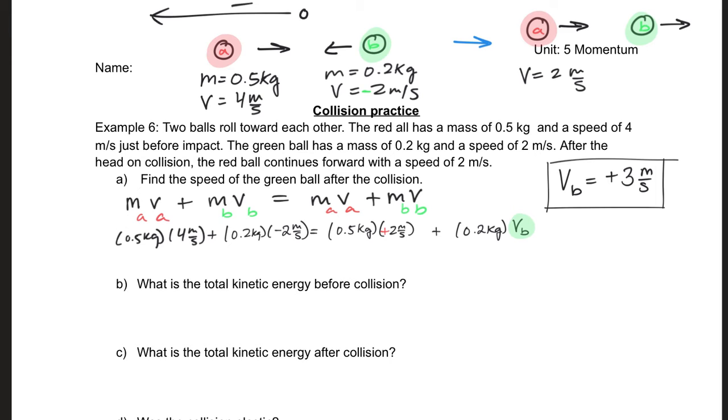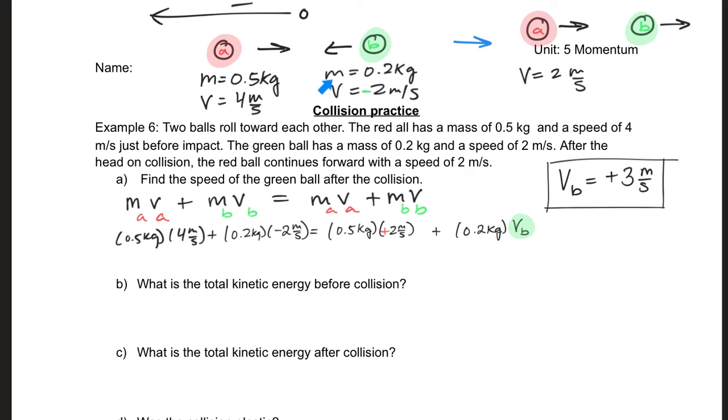So the velocity of the ball will be 3 meters per second in the positive direction. Another question I had was, why is A going in the same direction that it was, but B changed direction?